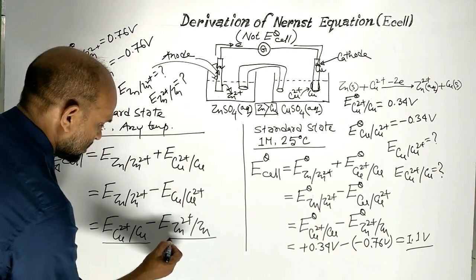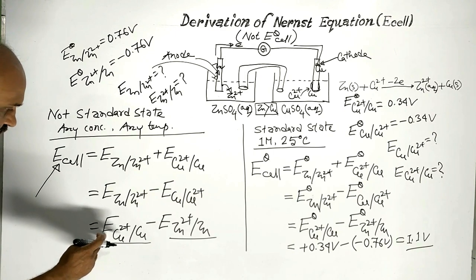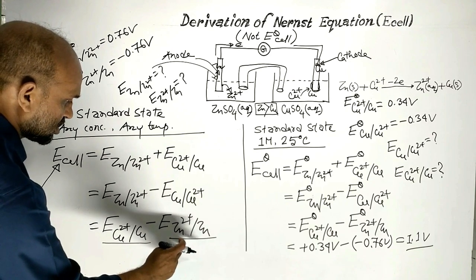Now, let us see what is non-standard state reduction potential of cathode and non-standard state reduction potential of anode.